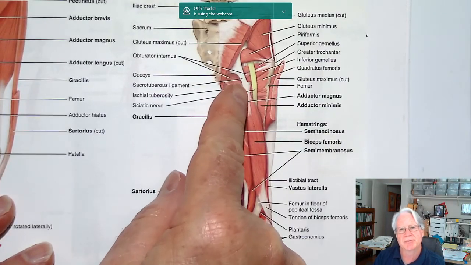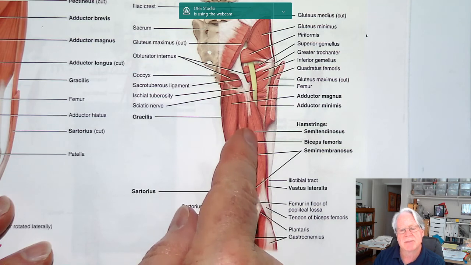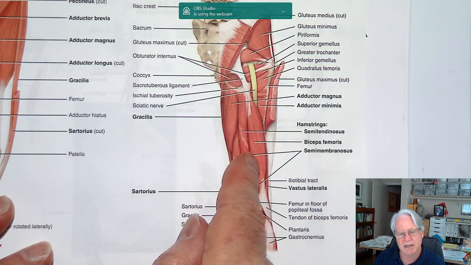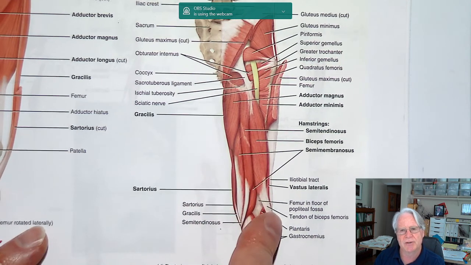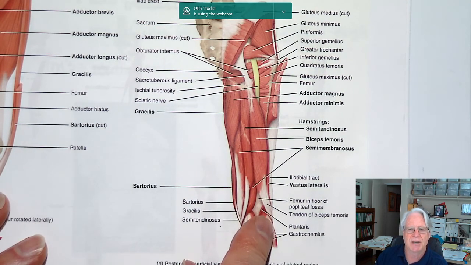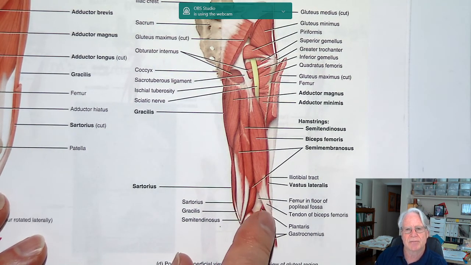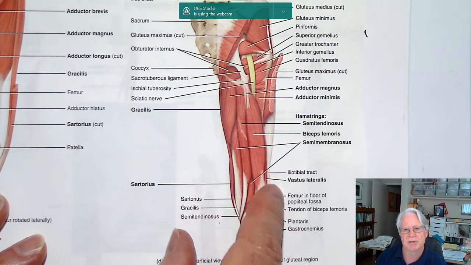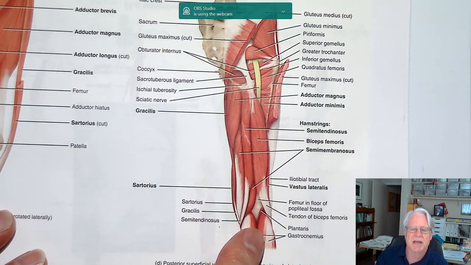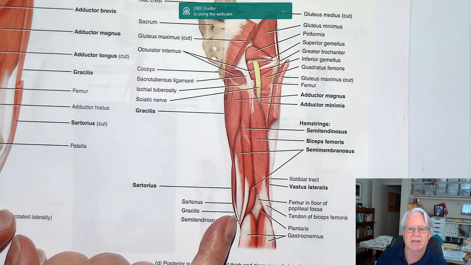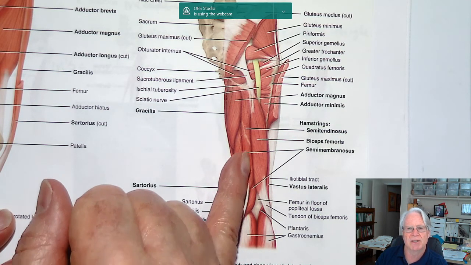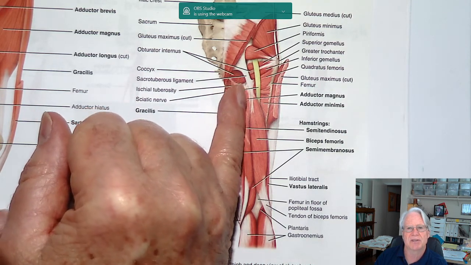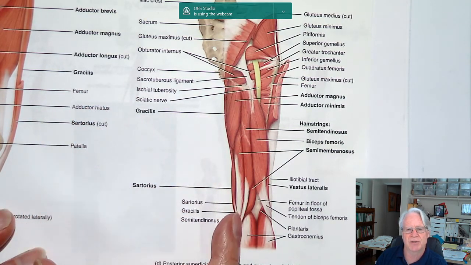Biceps femoris, ischial tuberosity, the femur, can't see that connection because the muscle is sitting on top of that connection, and then going to the lateral side just below the knee. So that's the biceps femoris. Semitendinosus, it's the top one. T stands for top, and it's a more tendon-like looking muscle. And again, that's coming off the ischial tuberosity, but it's going to the medial side of the knee.